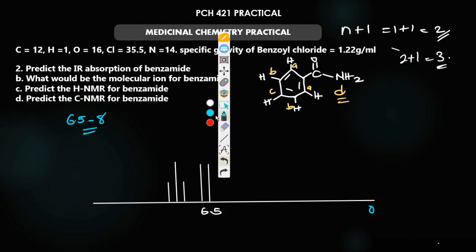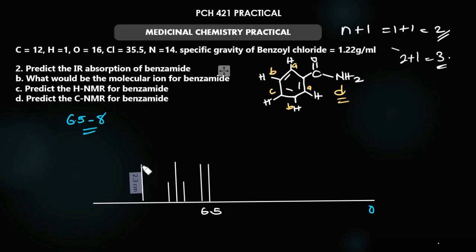And then finally, that of C will first of all form a doublet with this B here, and then further splitting with this B, we form a doublet of doublet or a triplet, depending on the J value here, but you don't really need to put such information in your head.